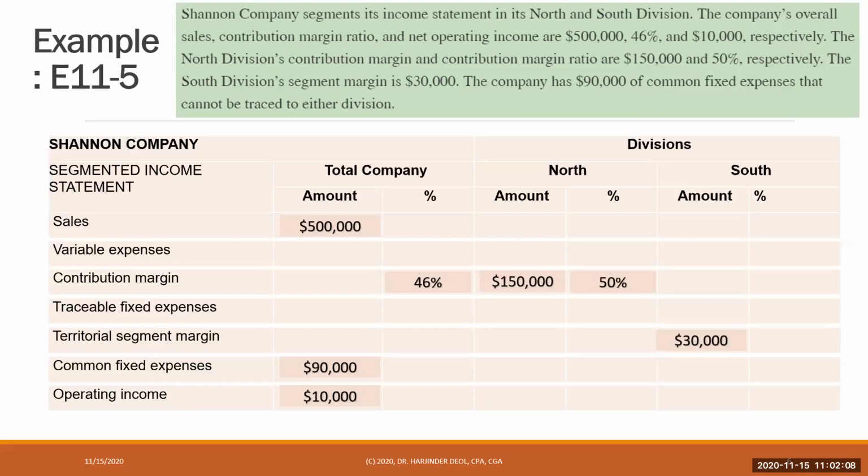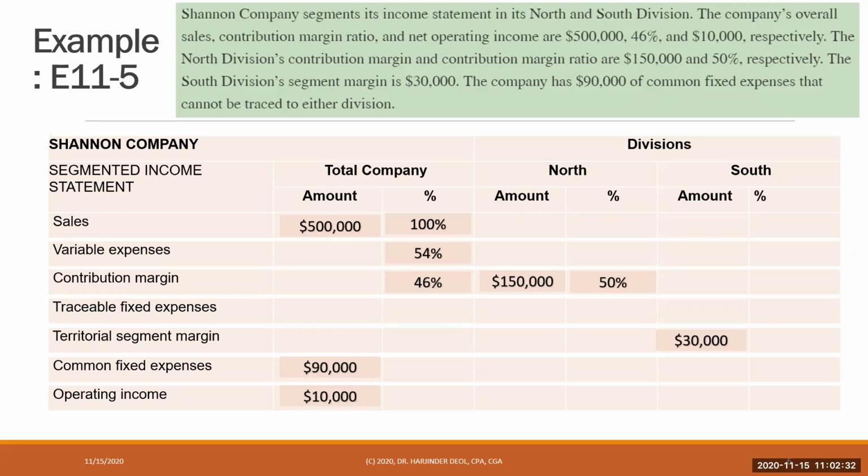Well, okay, so we have sales of $500,000 for the total company. If that was 100%, and we are told that the contribution margin is 46%, then 100 minus 46, the variable costs as a percentage of sales will work out to 54%.